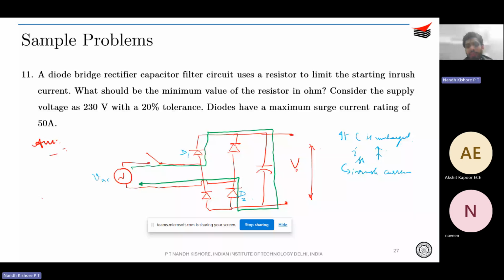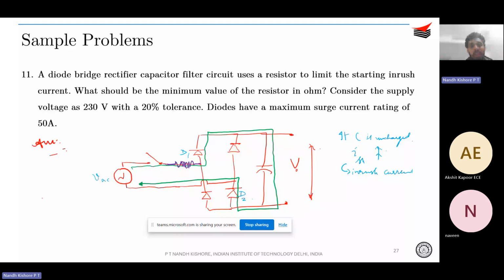One of the very basic methodologies of limiting this inrush current is to add a resistor, because a resistor limits the current value.